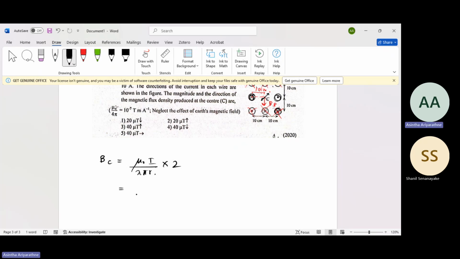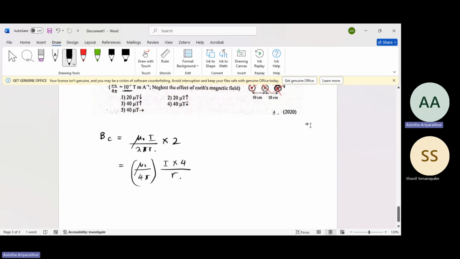In order to form the mu naught over 4 pi term, multiply both numerator and denominator by 2, giving mu naught over 4 pi times I times 4 over r.